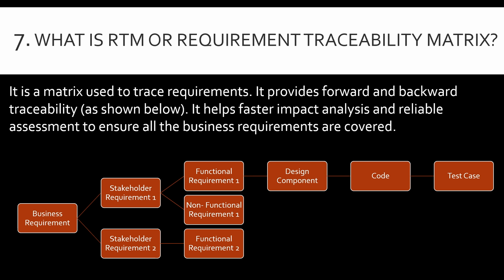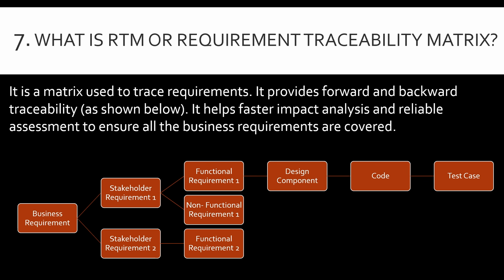So the first level of mapping would be between the business requirement and the stakeholder requirements. Then the stakeholder requirements would be mapped to the functional requirements and also the non-functional requirements, which we spoke about. And then the functional and non-functional requirements in turn would be mapped to the design component.